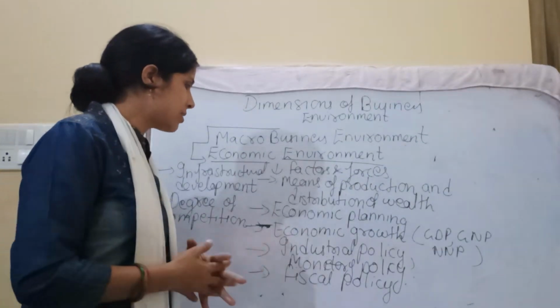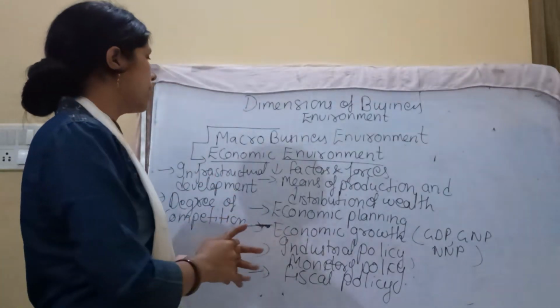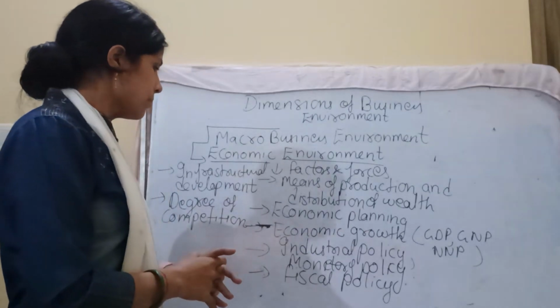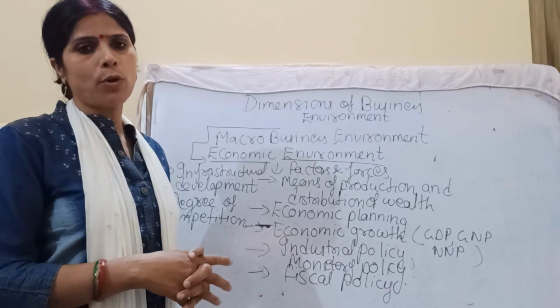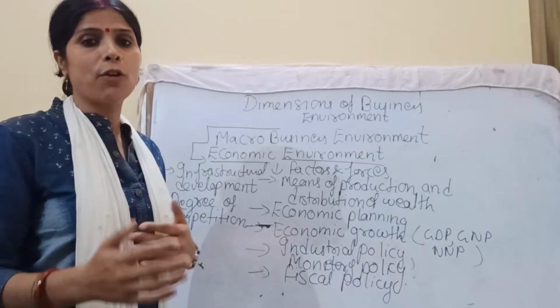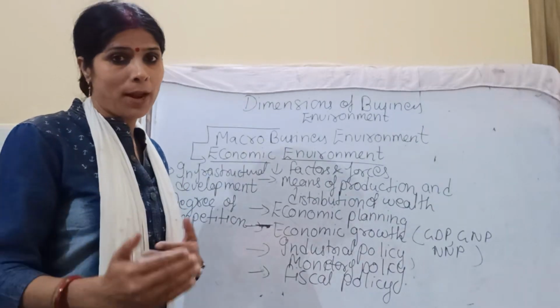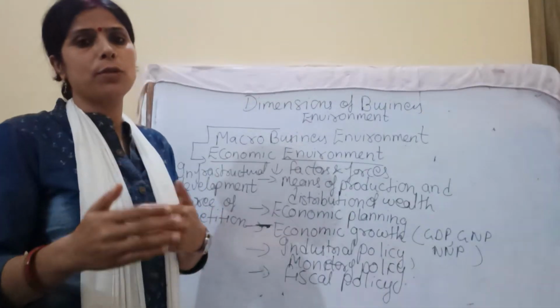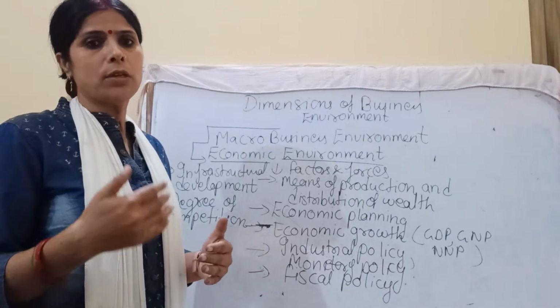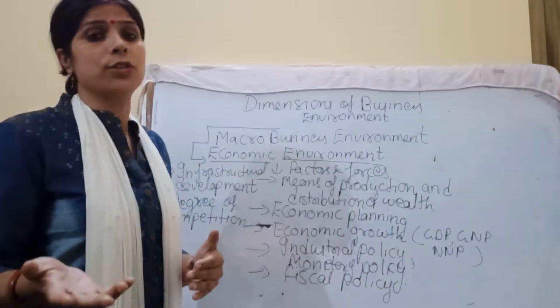So these are certain factors that are part of the economic environment. There are also monetary policies and fiscal policies. Monetary policy is the policy related to the supply of money in the economy, how the supply of money can be increased or decreased. These are inflation control measures.